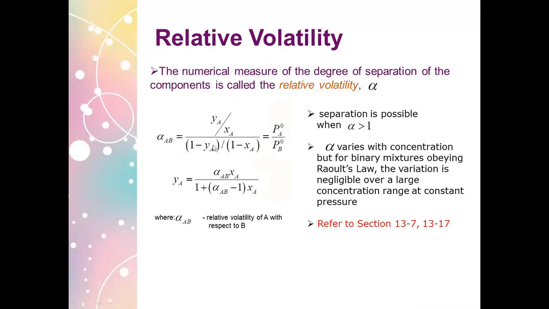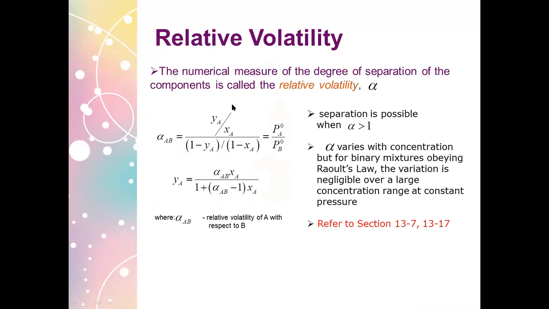Now, the concept of relative volatility was also mentioned in phase equilibria. In the case of distillation, if we have a relative volatility which is greater than 1, then we expect that there is separation. If it's less than 1, there won't be any separation at all.